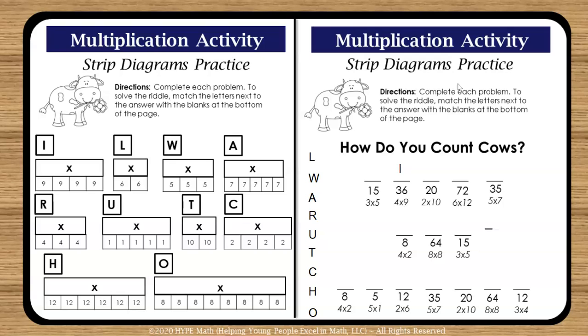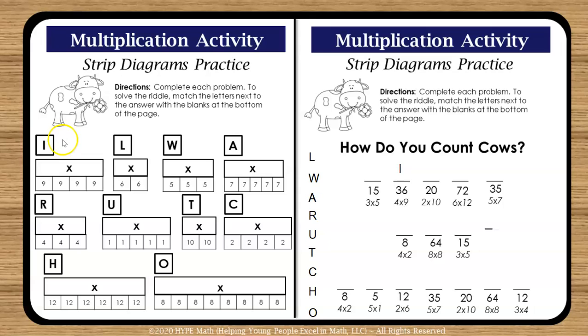Now parents, you may be thinking, I've never heard of strip diagrams. I know, me either. But I would like to explain, just so that when you purchase your book, you're on the student copy, remember there's a parent-teacher copy and a student copy, you can understand what a strip diagram is. So on the left-hand side, these are our problems. A strip diagram is basically like strips of paper, and on that piece of paper, there is the same number.